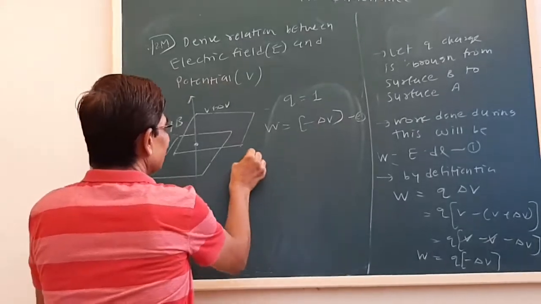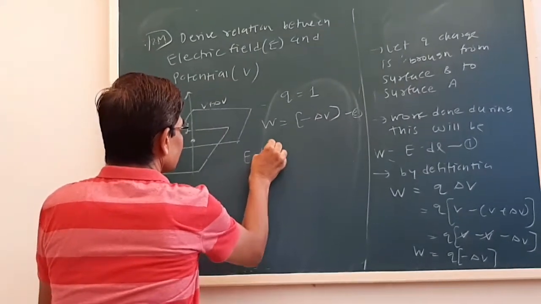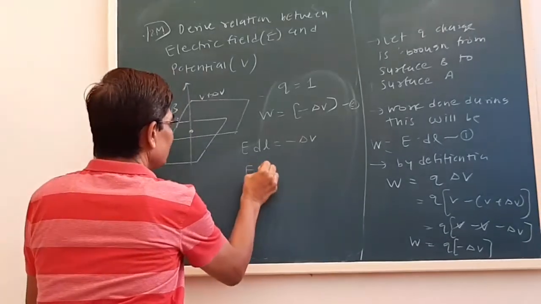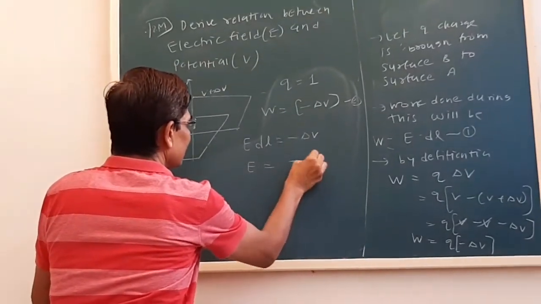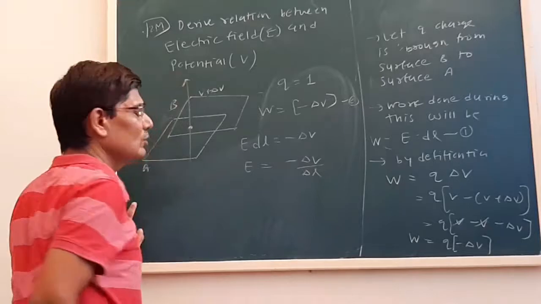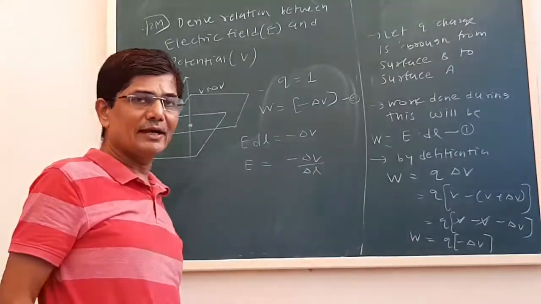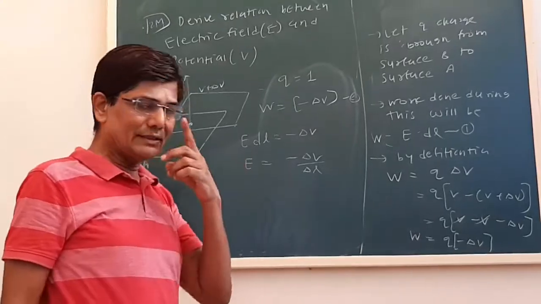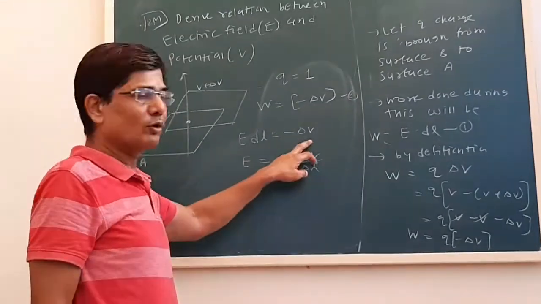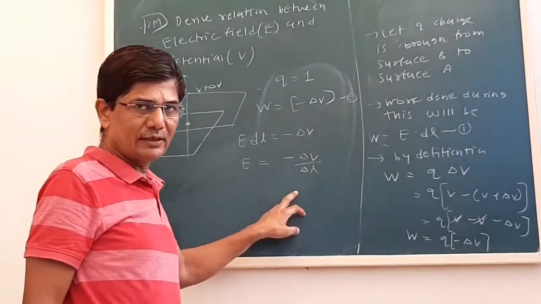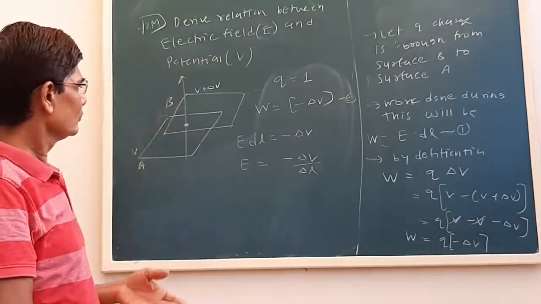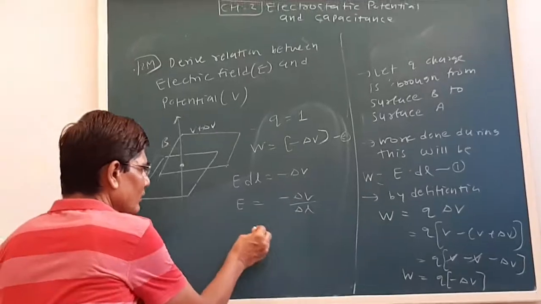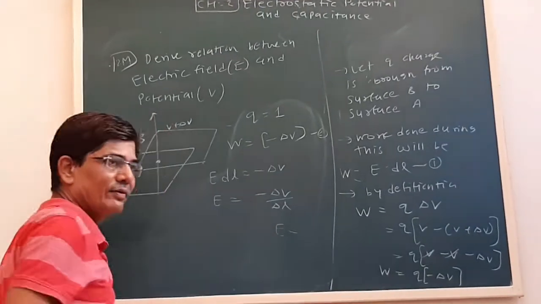So E into dl is minus delta V, or E is equal to minus delta V by dl. The electric field at any point is nothing but the rate of change of potential with distance.